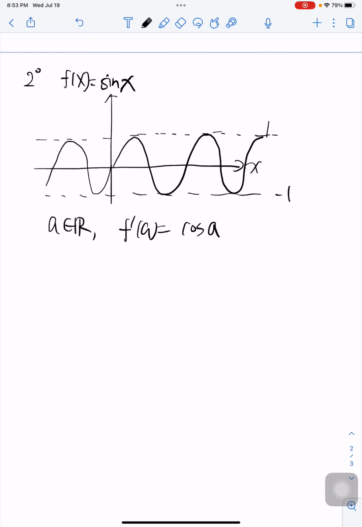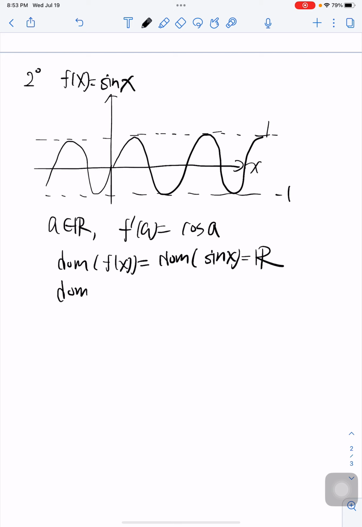How about its domain? So first, let's check the domain of sine x, which is the real set. The domain of f prime of x is equal to the domain of cosine x, which is also equal to the real set.